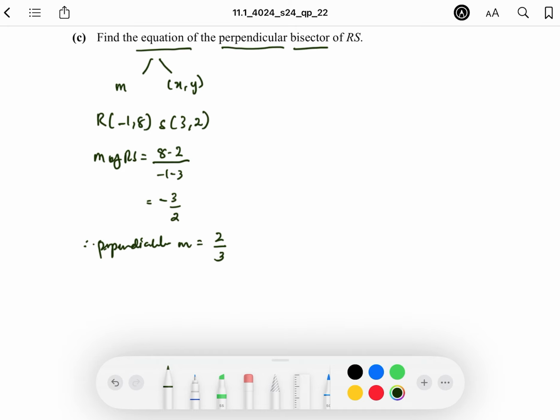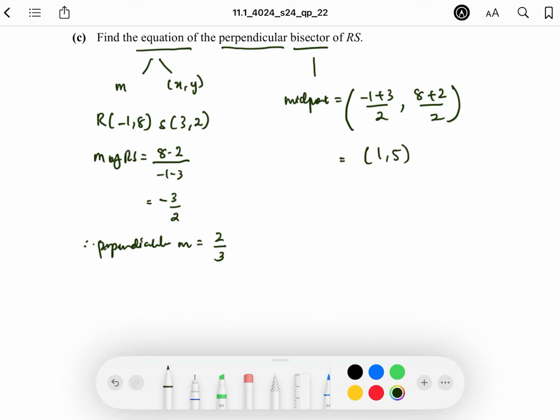Now the bisector part, that means you need to find the midpoint. The point that we need to find is actually the midpoint. Finding the midpoint of RS would be the x's added together divided by 2, and the y's added together divided by 2, and simplified.